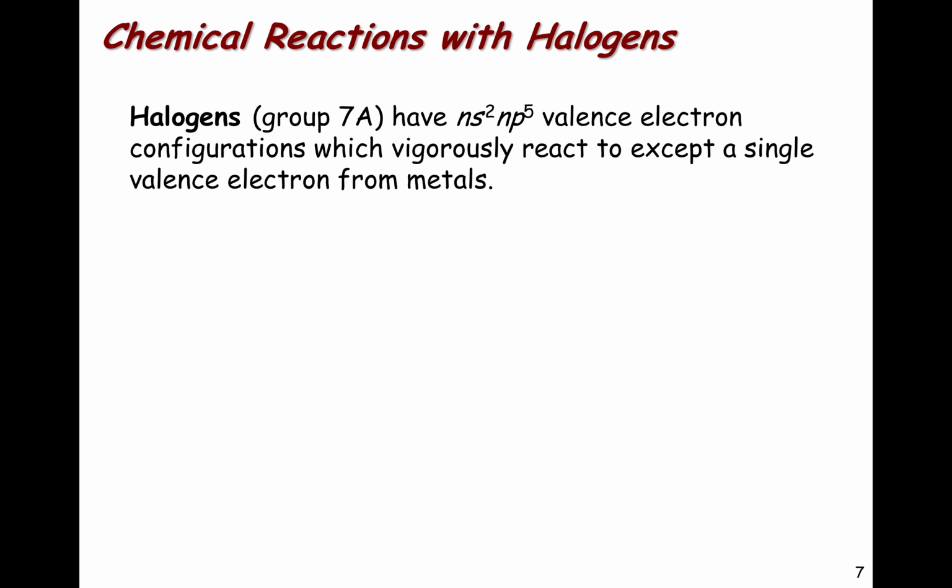It turns out that the halogens are 1 electron short of having a noble gas configuration, so they quite often react very vigorously with metals to produce the negatively charged anions.